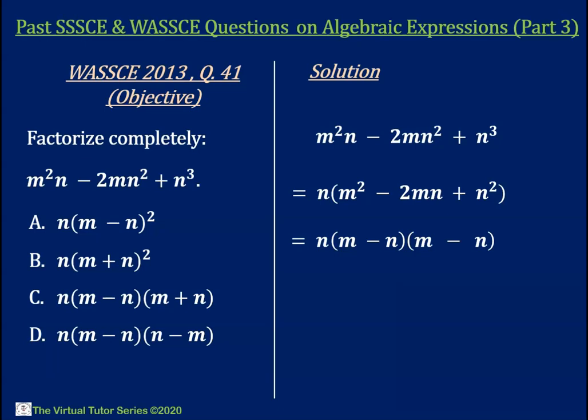Into bracket m minus n times into bracket m minus n is a perfect square and can be expressed as into bracket m minus n all square. So the expression can be rewritten as n into bracket m minus n all square. Therefore, the correct answer is option A.